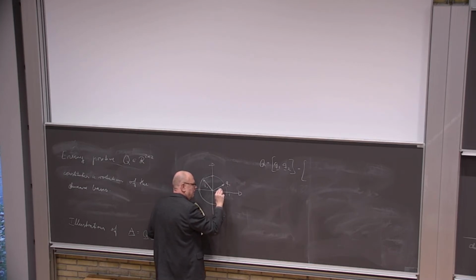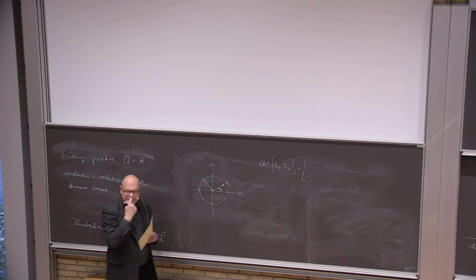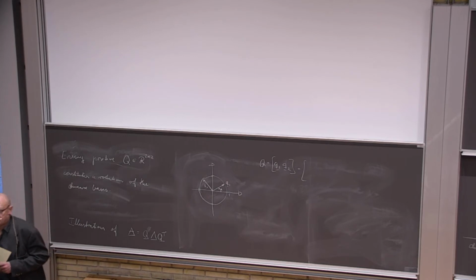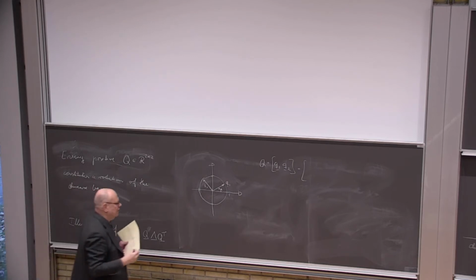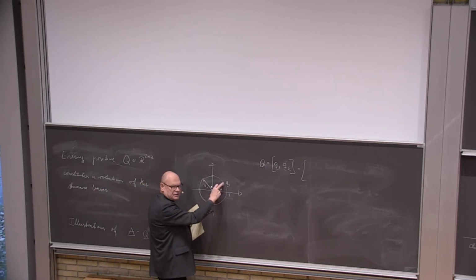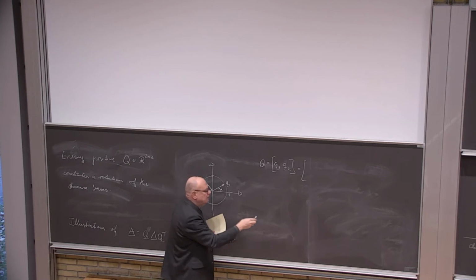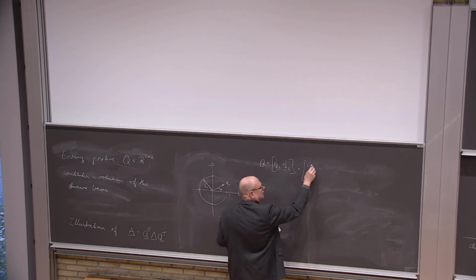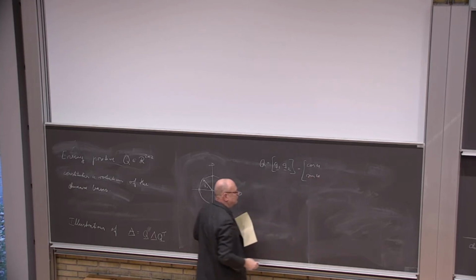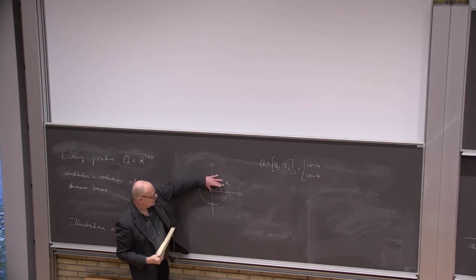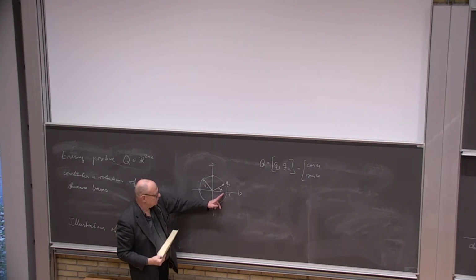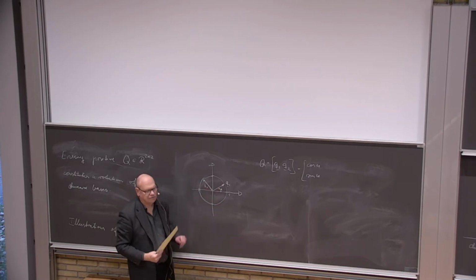And if I introduce the angle here, I call it U, this is the angle U, then you know what the coordinates of this vector are? Yeah. The coordinates are cosine u, sine u. This is simply the first coordinate, cosine and sine.